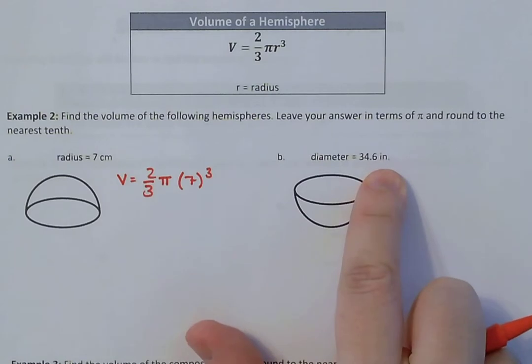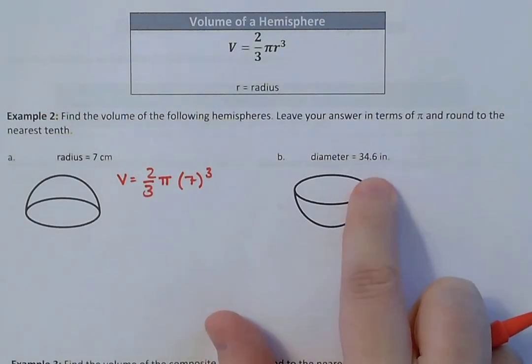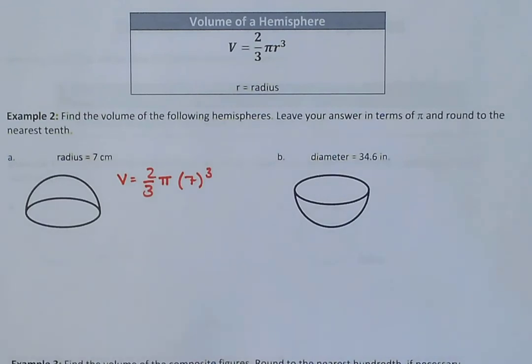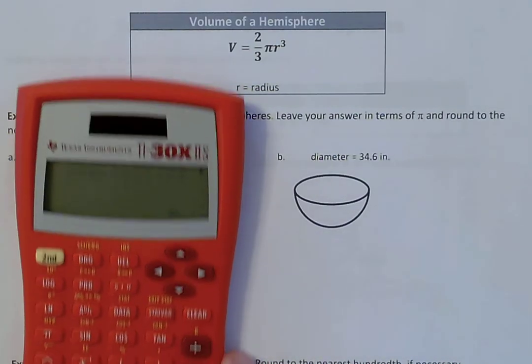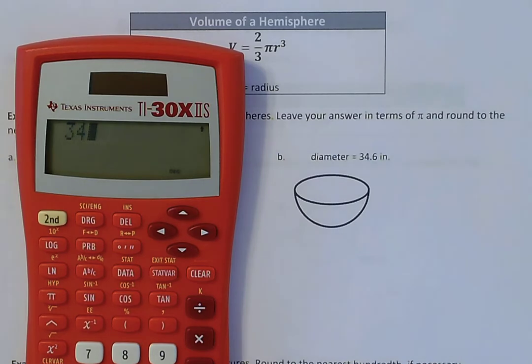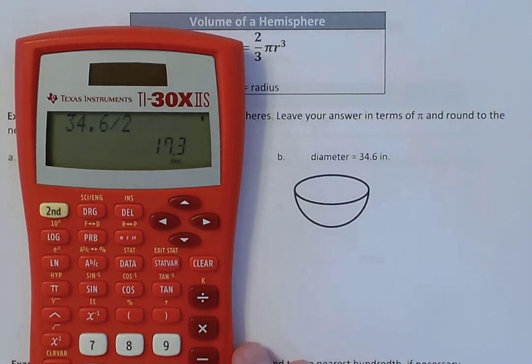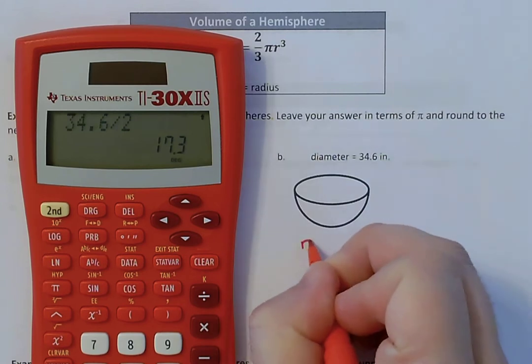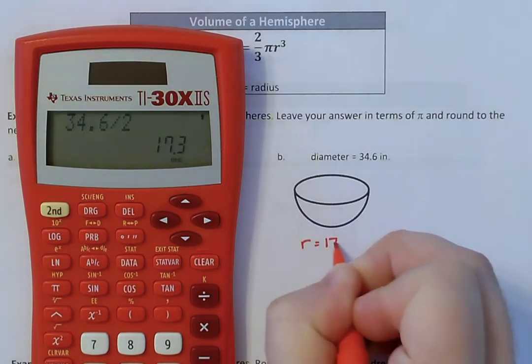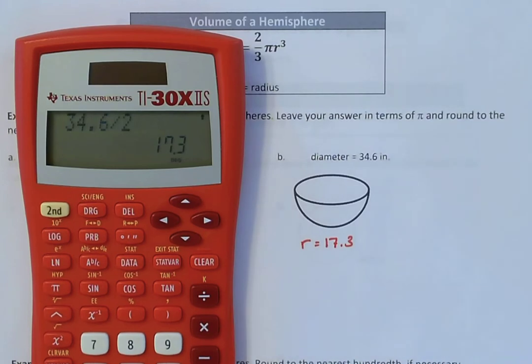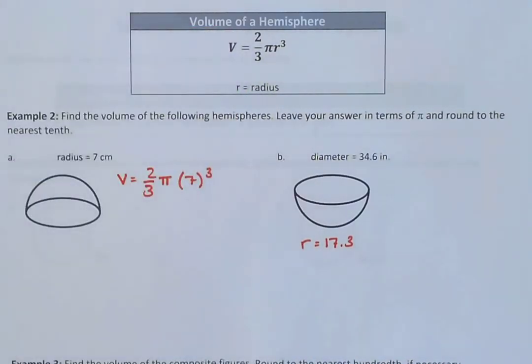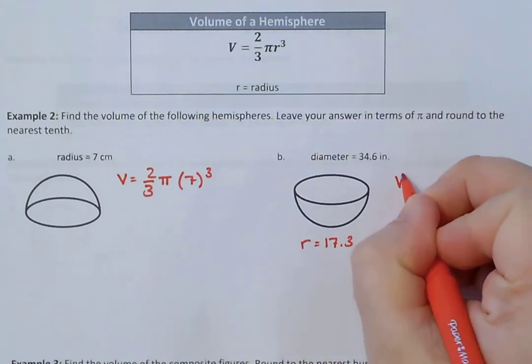Now for B, they tell us our diameter is 34.6. So you just have to figure out your radius. So we're going to take that 34.6, divide by 2, and that tells us our radius is 17.3.